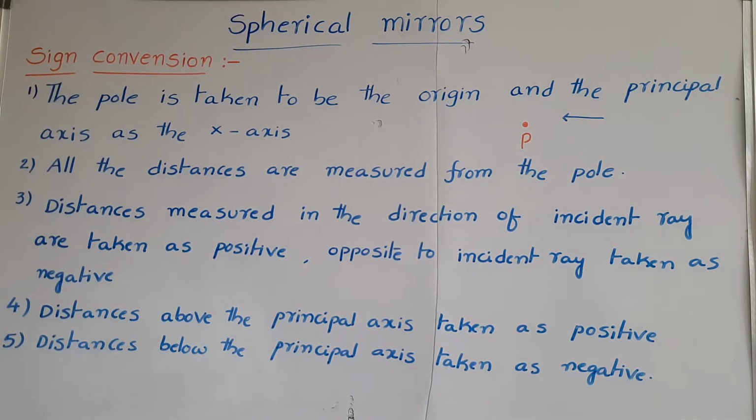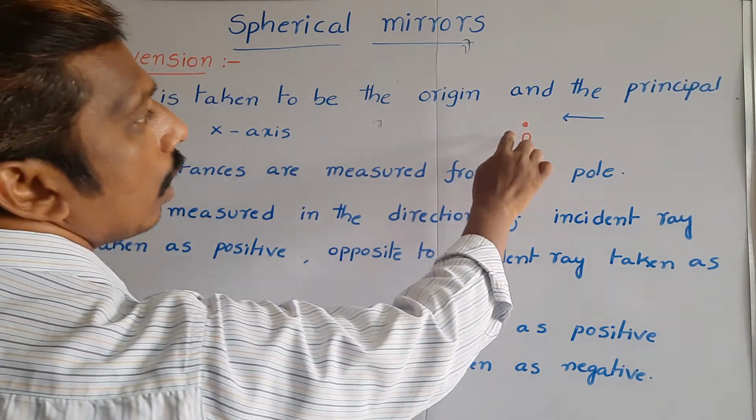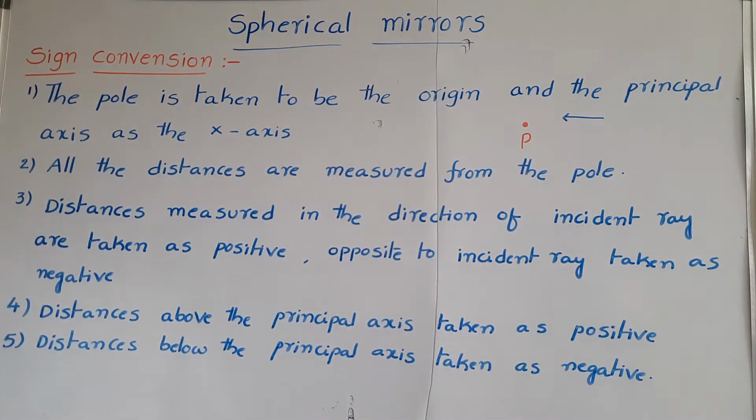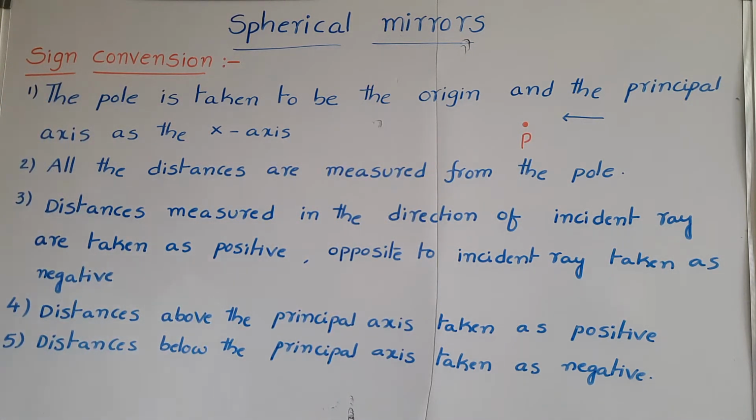Distances measured in the direction of the incident ray are positive, opposite to the incident ray negative. Suppose the light ray is coming from left to right, then distances from left to right from the pole are taken as positive, and right to left from the pole are taken as negative.